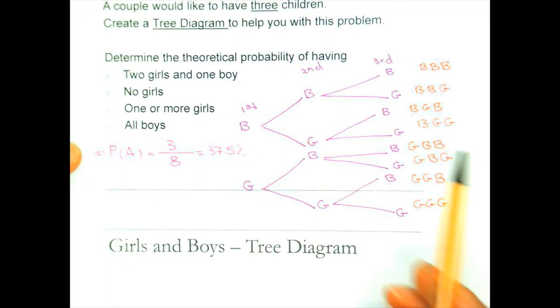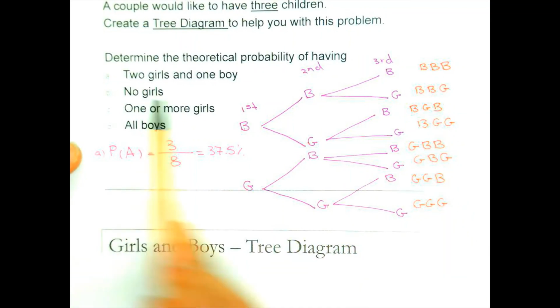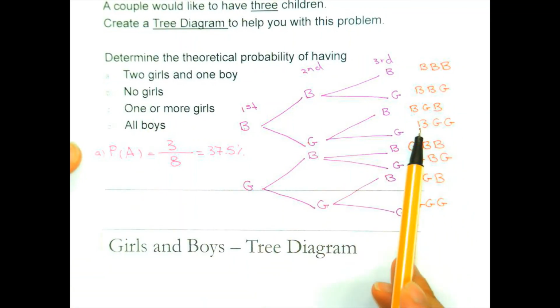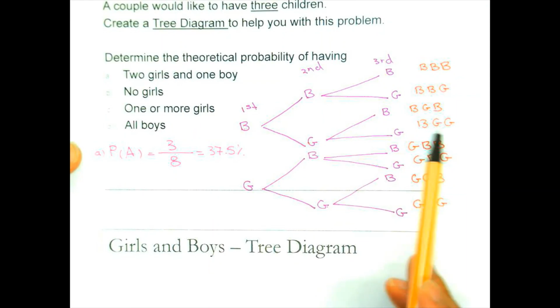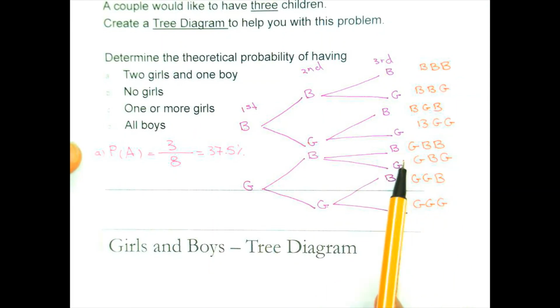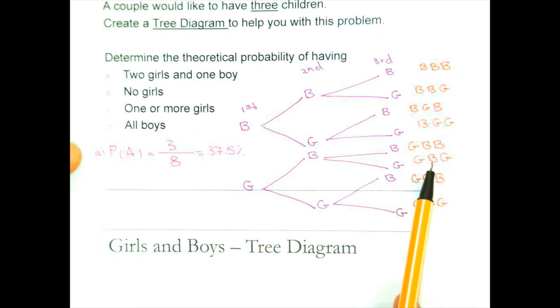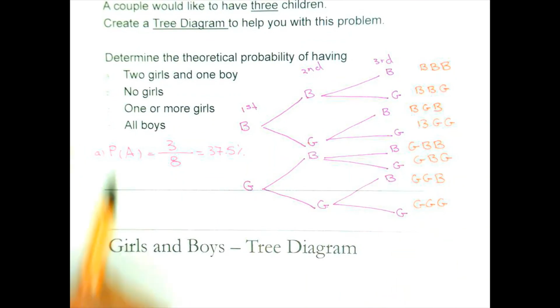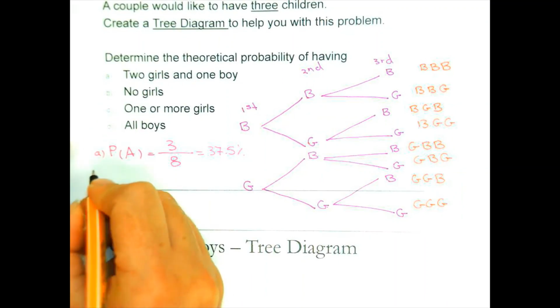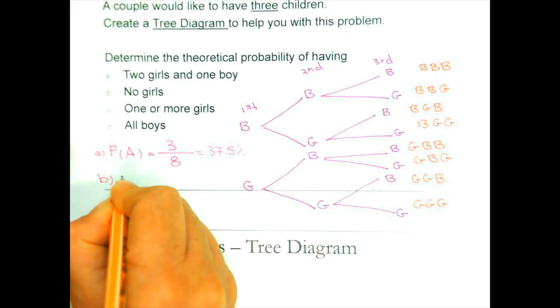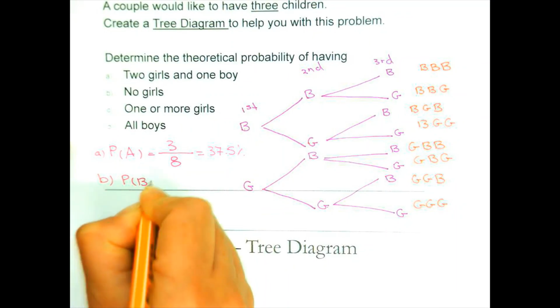So they want to have 2 girls and a boy. So the first one can be boy followed by 2 girls, or it can be a girl, then a boy, then a girl, or they can have 2 girls followed by 1 boy. Now, what is the probability of having no girls?